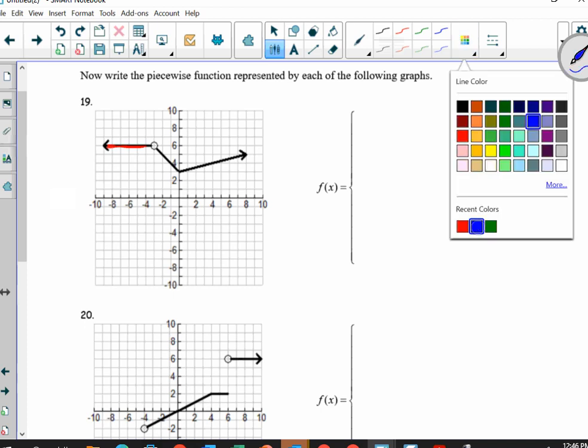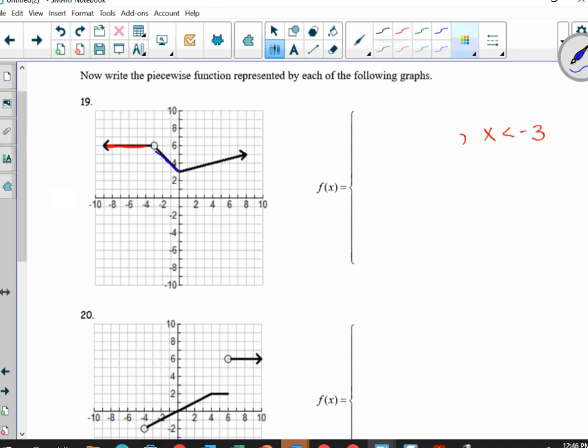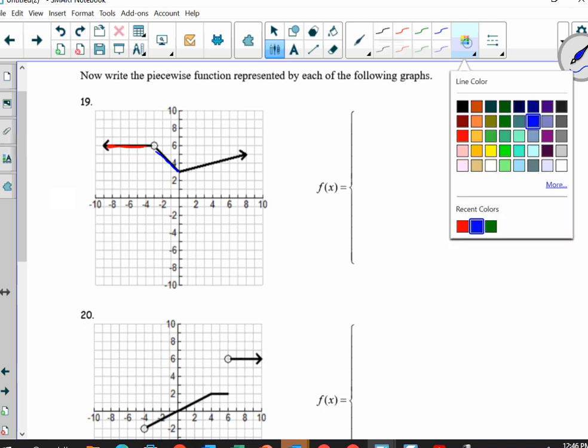Okay. Middle piece, what do you want to tell me? X is between what values? It's greater than -3 and less than or equal to 0. So -3 is less than x, and then less than or equal to 0? Yeah. Okay.